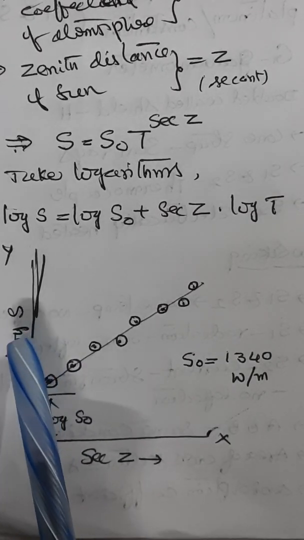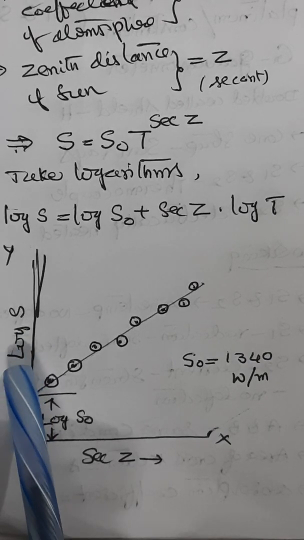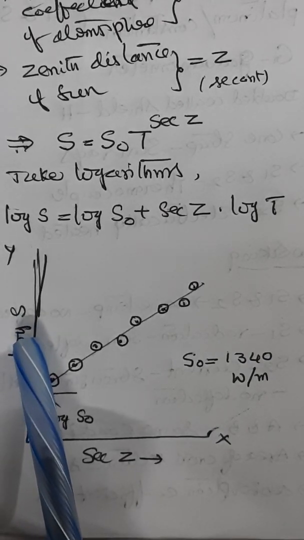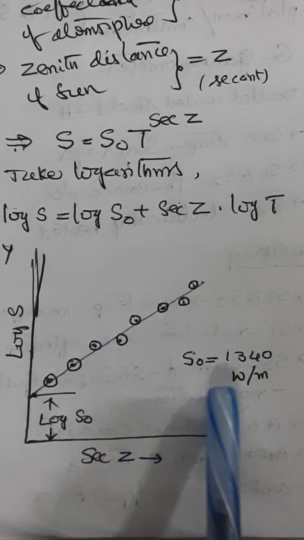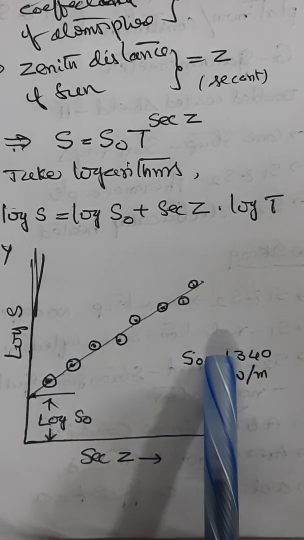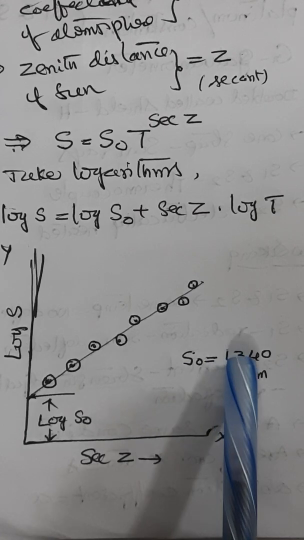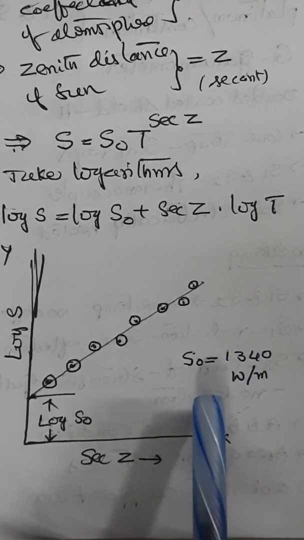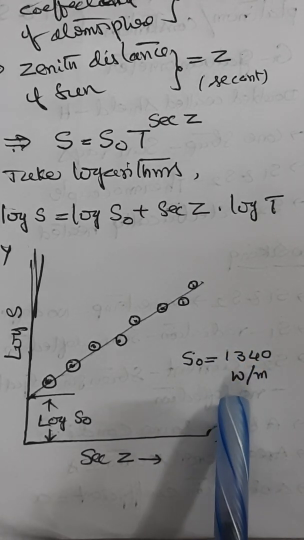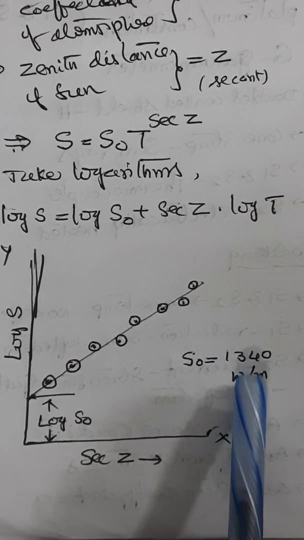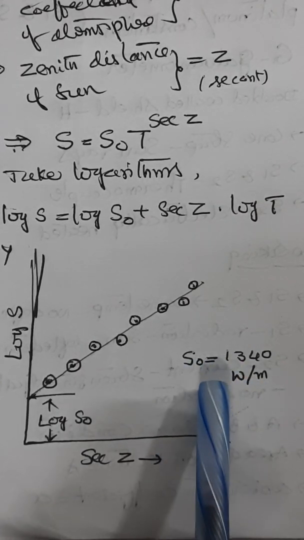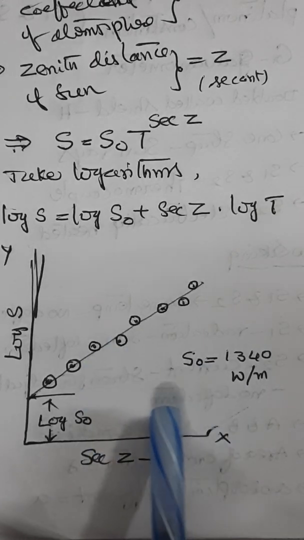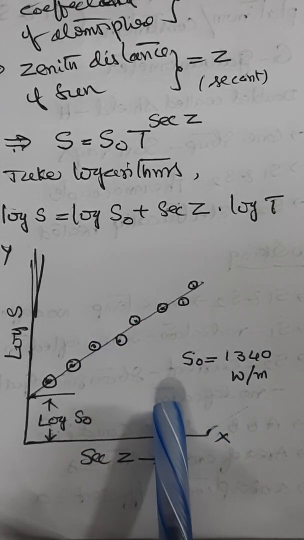From this value, S0 can be calculated. The value of S0 comes out to be 1340 watt per meter square. That is nothing but 1.937 calorie per centimeter square per minute. Or you can convert into 8100 joules per meter square per minute. That's how solar constant is calculated.